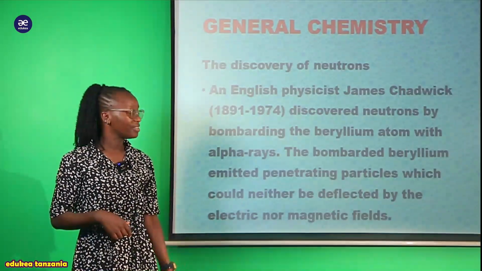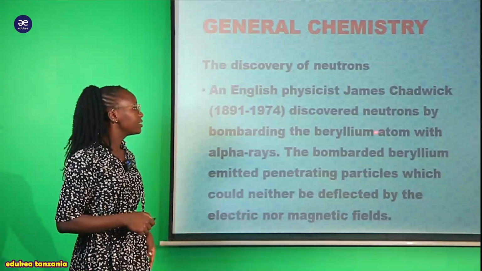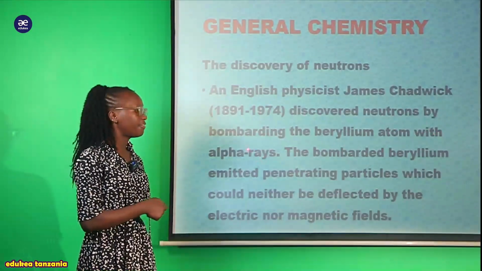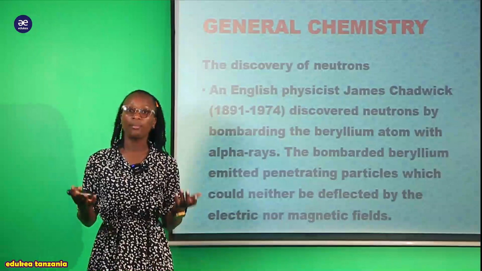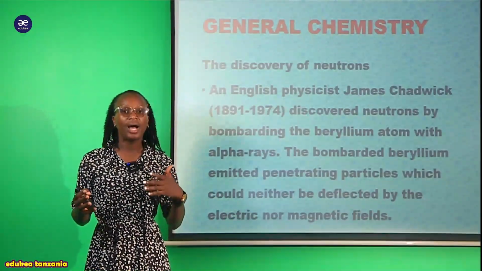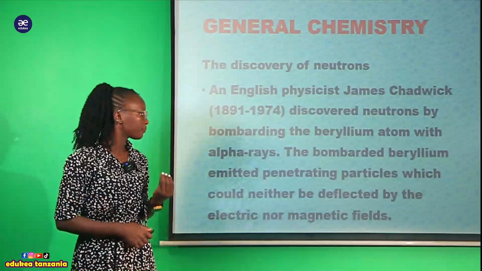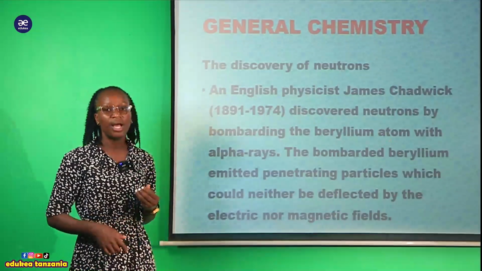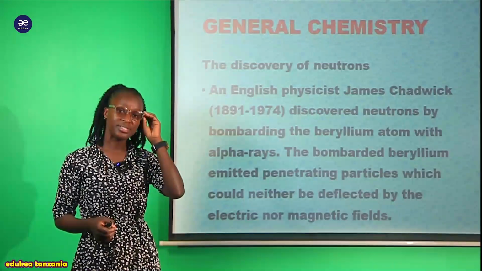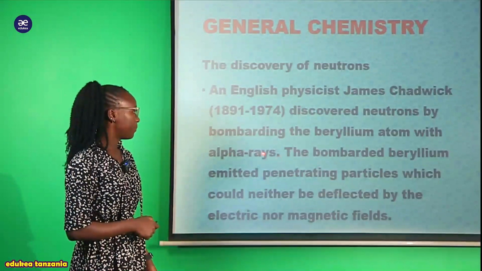Chadwick huyu ni physicist scientist ambaye alidiscover neutrons by bombarding the beryllium atom with the alpha ray. Sasa huyu idea yake alikuja kufanya bombardment. Alifanya bombarding ya beryllium atom lakini with the alpha particle. Alpha particle tunajua ni positively charged.